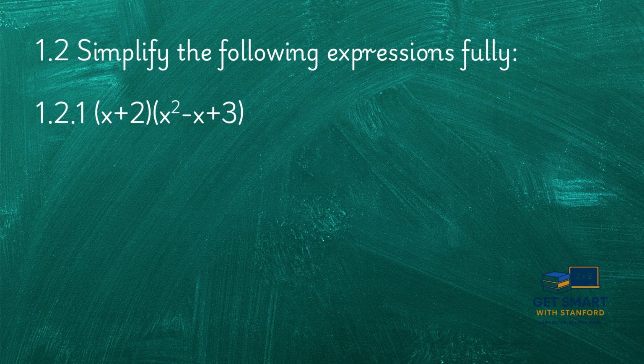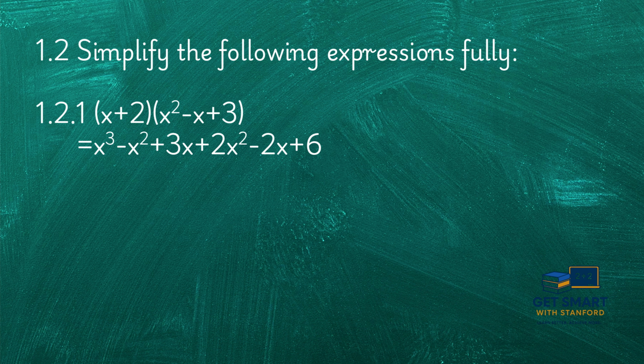In 1.2, we are instructed to simplify the following expressions fully, where 1.2.1 requires us to simplify x plus 2 into x to the power 2 minus x plus 3. On this one, we just take the first term from the first bracket and multiply all the terms in the second bracket.